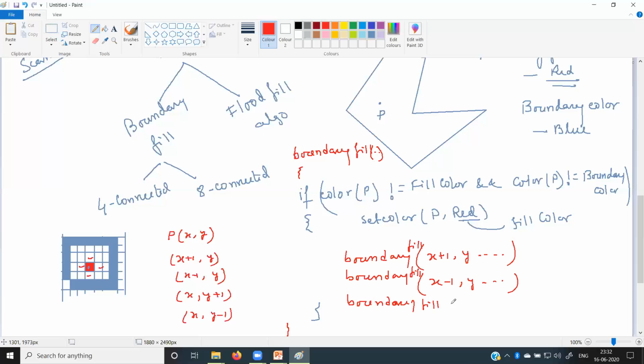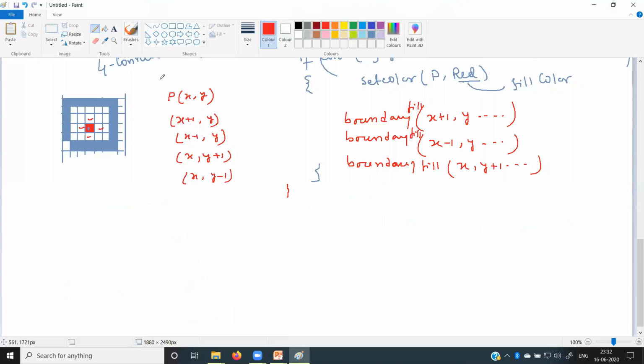So this boundary fill algorithm will be called for x, y plus 1, and the same boundary fill algorithm will be called for x, y minus 1, rest of the parameters. This is the end of the if and this is the end of the function. So that means the same algorithm, same strategy, same technique, same logic will be applied for this particular pixel.